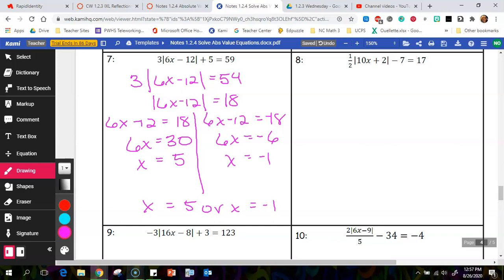All right, so on this one, I've got to add 7 first. Let's see, that's going to be 24. And then if you have a fraction like this, you want to divide by 1/2, which means multiply times 2. So that gets rid of that right there.